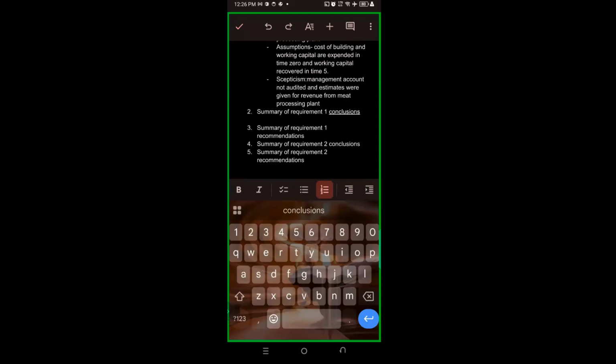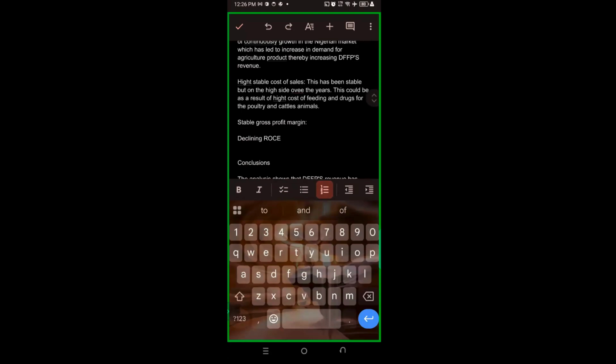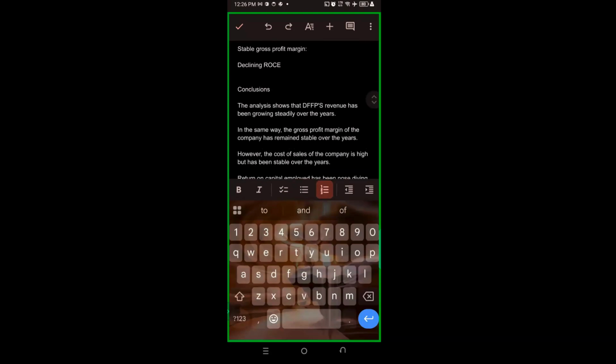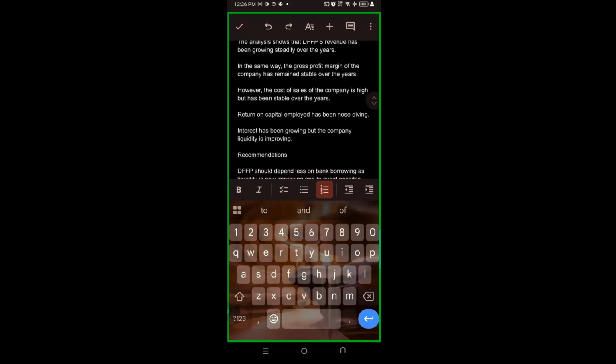Okay. Summary of requirement 1 conclusion. So what are the conclusions in requirement 1? Let me see. Requirement 1, the analysis shows revenue has been growing steadily.